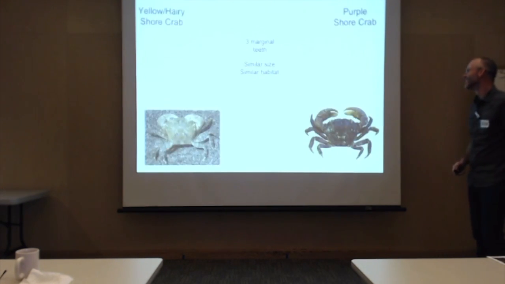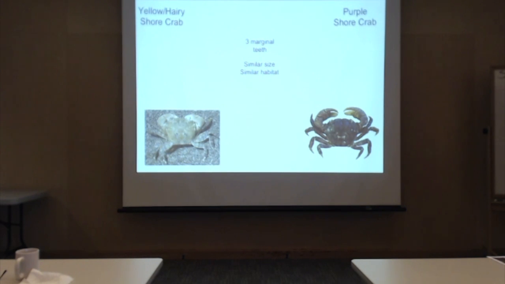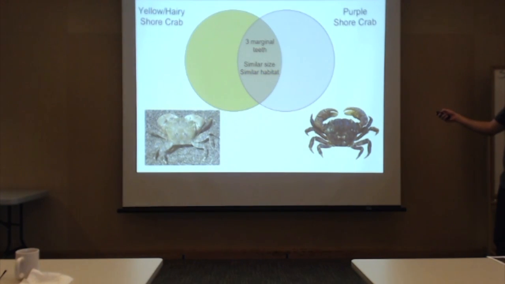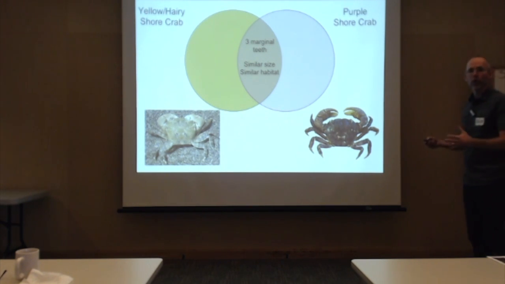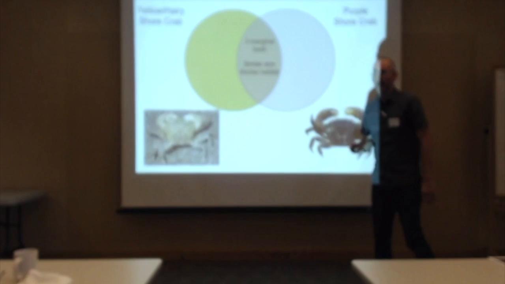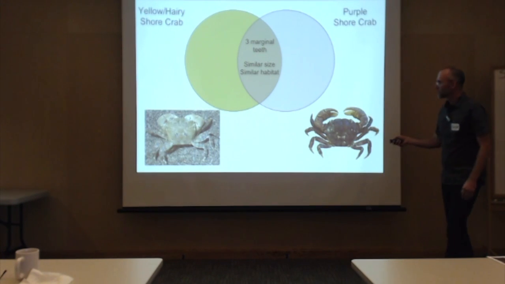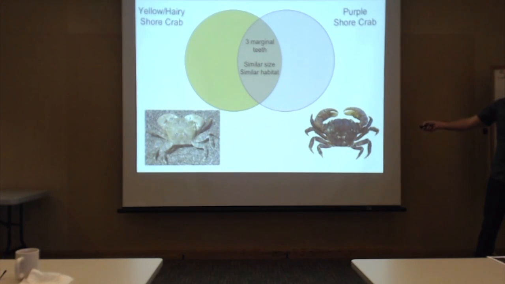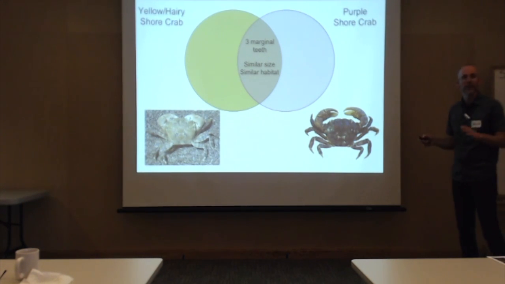Yeah. All right, so if we look at our two shore crabs side by side, at face value, they look pretty similar. We have 3 marginal teeth. They are similar in size, and they do overlap in habitats, although, as Bob mentioned, oftentimes the Hemigrapsis oregonensis, the hairy shore crab, tends to occupy muddier habitats, but they do overlap.